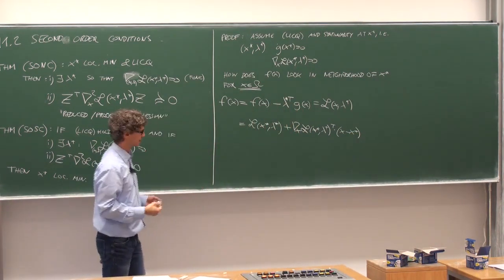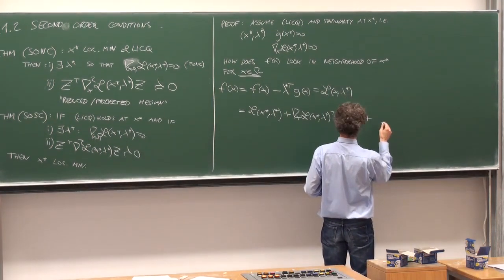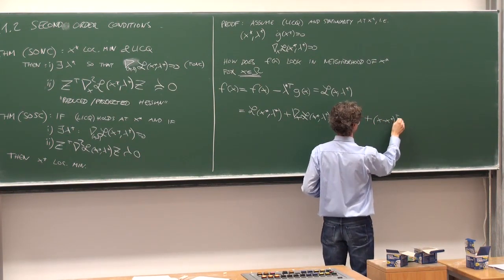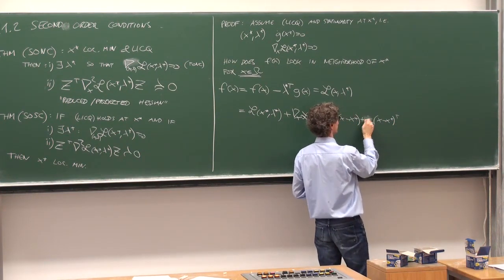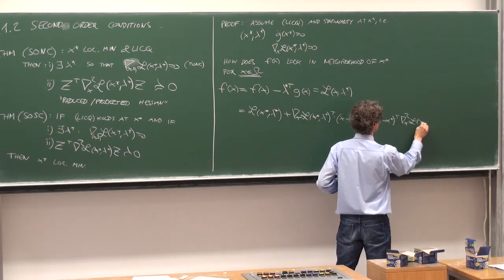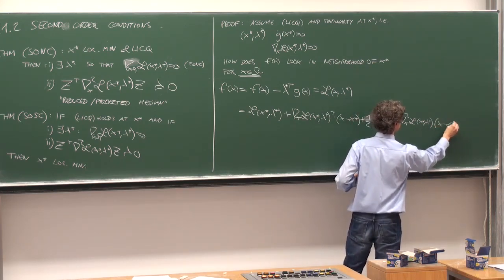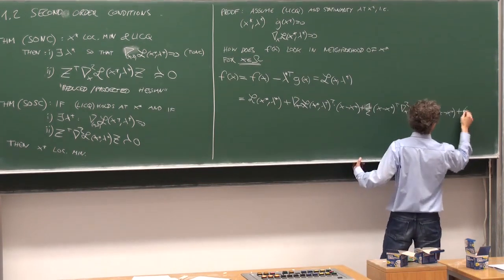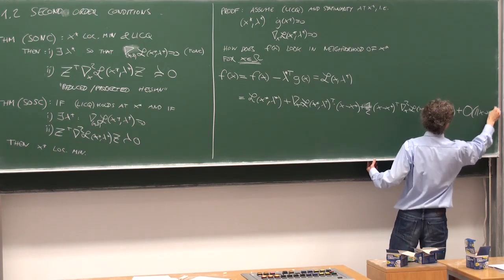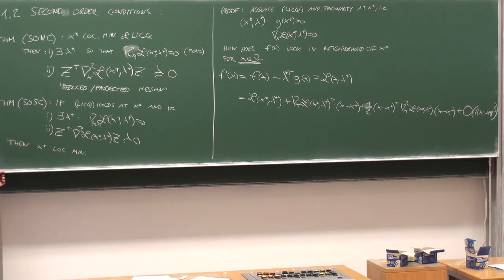And now I can take the second order term, which will be x minus x star transpose, with a 1/2 in front of it, times the second derivative of the Lagrangian at x star and lambda star, times x minus x star, and then there will be plus a term which is of third order. So that's the Taylor series expansion.